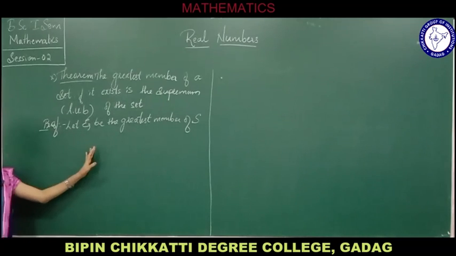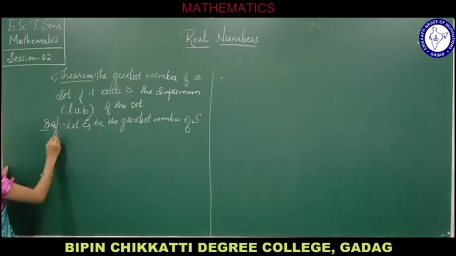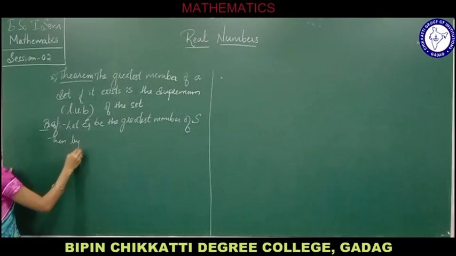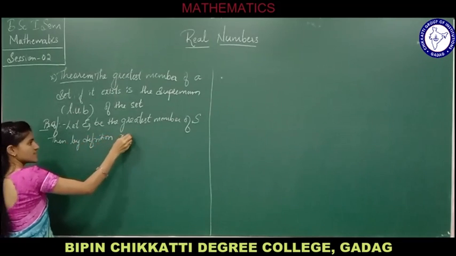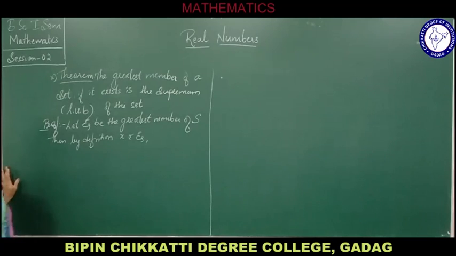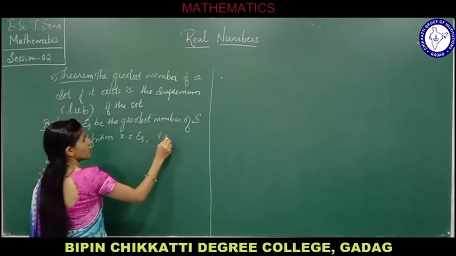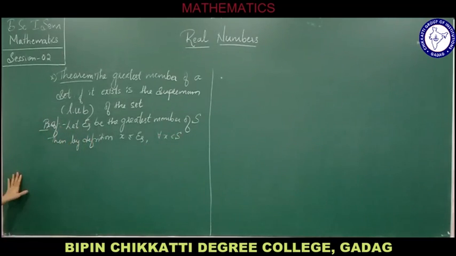By definition, x is less than or equal to epsilon, for all x belonging to this set of real numbers. For all x belonging to S, showing that epsilon is an upper bound of S.